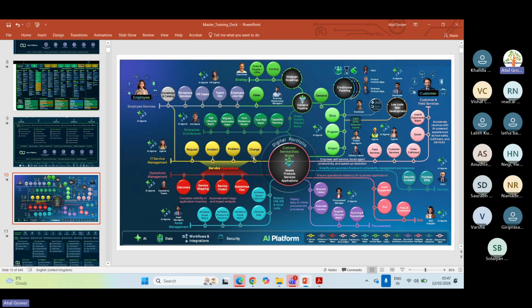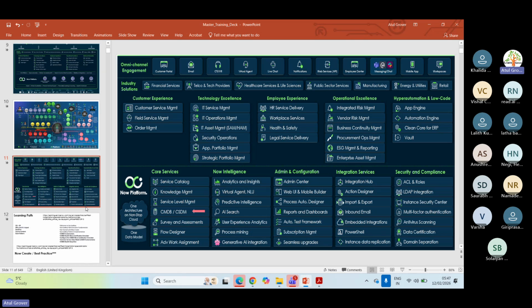There are a number of ways to represent this, just to give you the understanding that it is not only for one team, it is for the whole platform. This is what we're discussing.